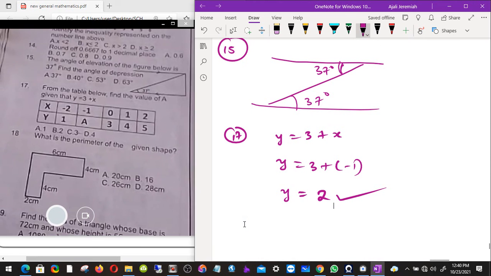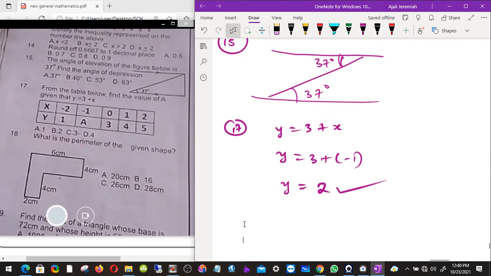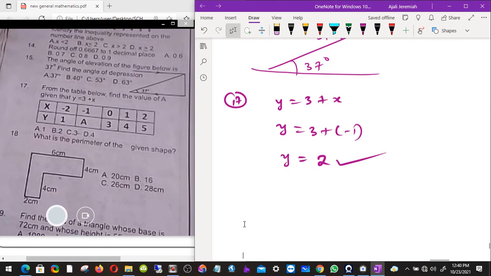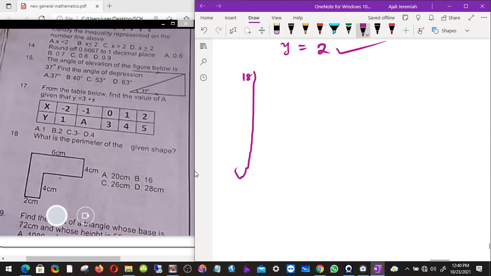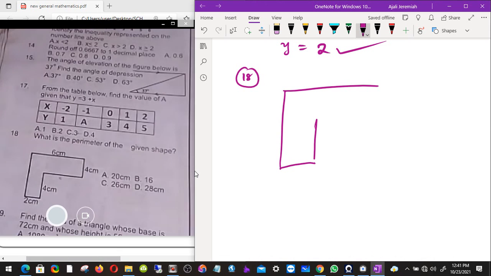Number 18. What is the perimeter of the given shape? This is 4 centimeters.